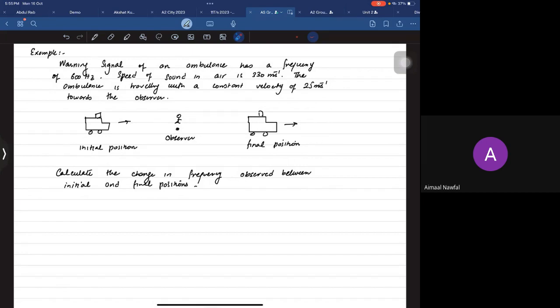What is Fs? 600 into 330, divided by 330 minus 25. Where did you get 300? That was a mistake. It's 91. That is correct.